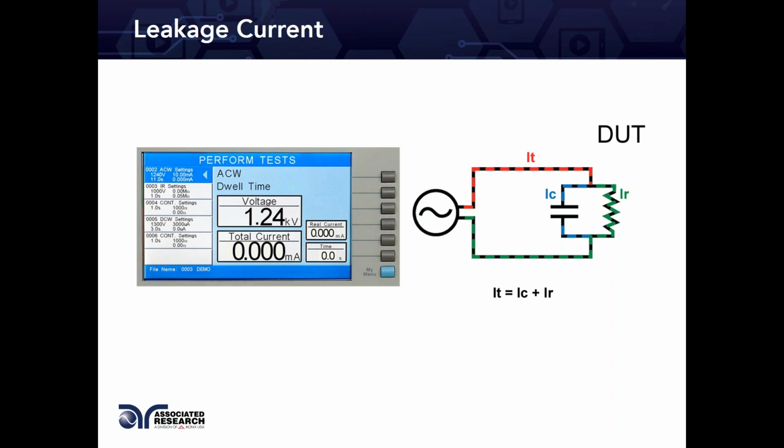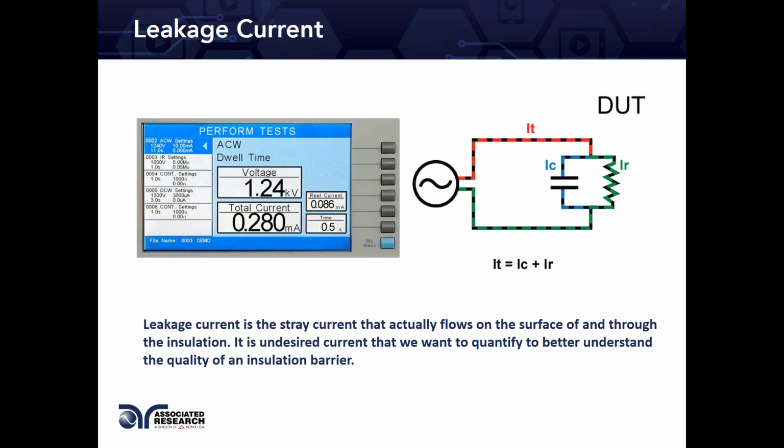Whereas the leakage current that we're going to talk about today is different in the sense that, first of all, the device under test needs to be powered on. The big difference between the leakage current measured during a leakage current test versus a HiPot test is that during a HiPot test, you're just stressing the insulation with high voltage and the device is not powered on, or the circuit is not energized.